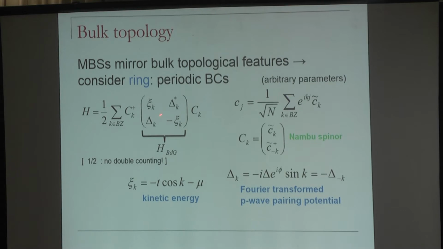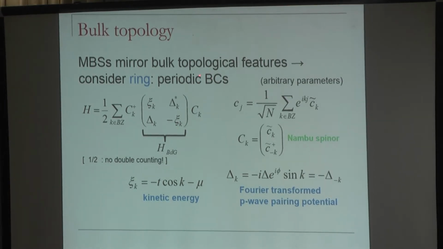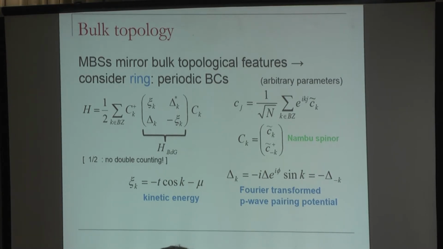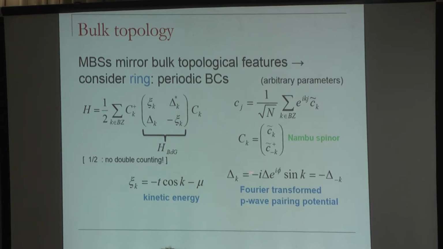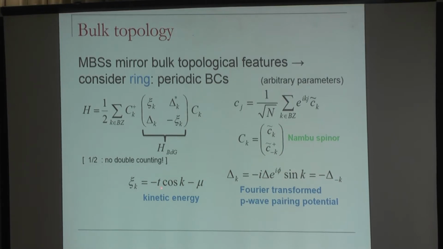So here you have the kinetic energy of the particles, kinetic energy of the holes is just the negative of it, and the pairing terms mixing particles together, yeah? Or holes together. In that, here we have the p-wave pairing potential in Fourier transformed language, so it's antisymmetric in K. Kinetic energy is just symmetric.